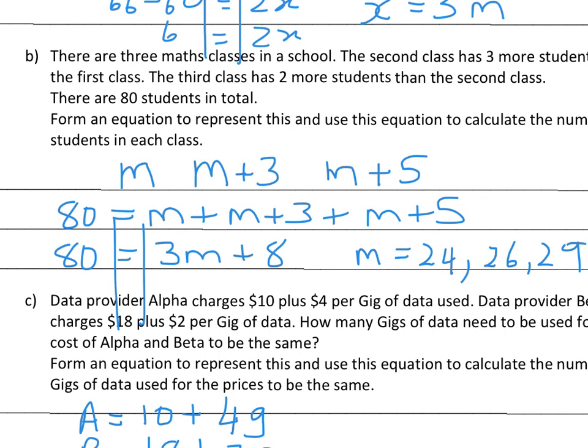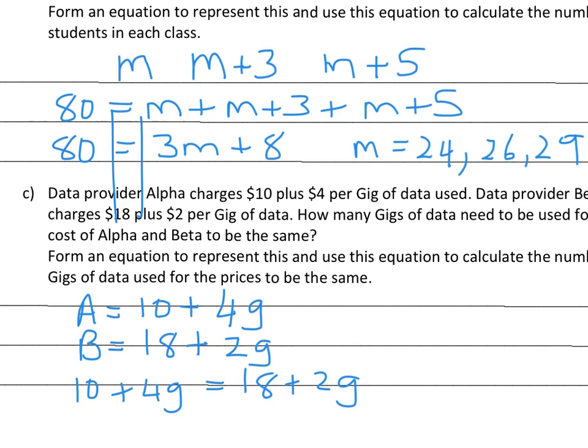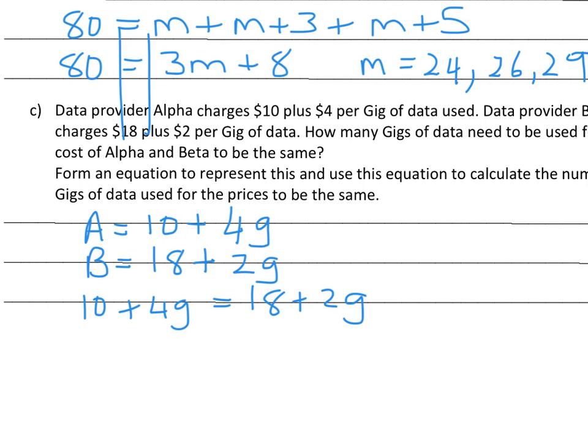Now, when are the gigs of data going to cost the same? So it's one where you have x on both sides, or g on both sides. So A equals B. The cost of A equals the cost of B. So we can have 10 plus 4g is going to equal 18 plus 2g.